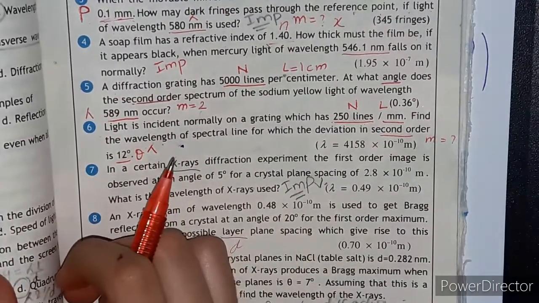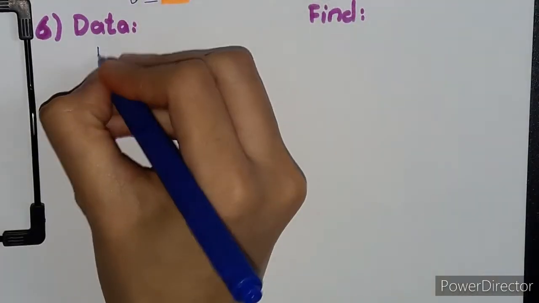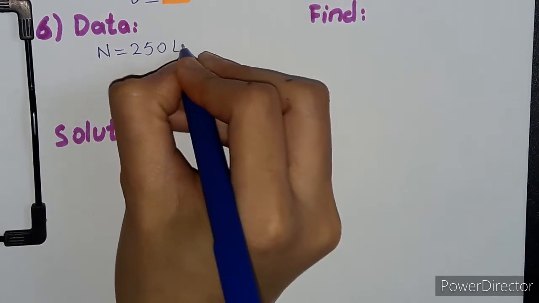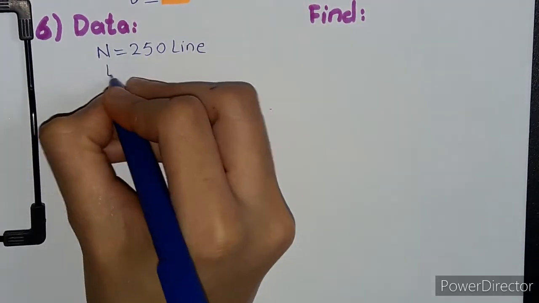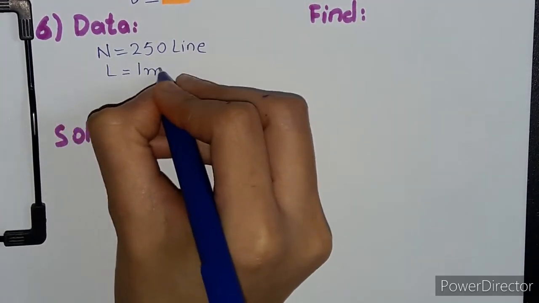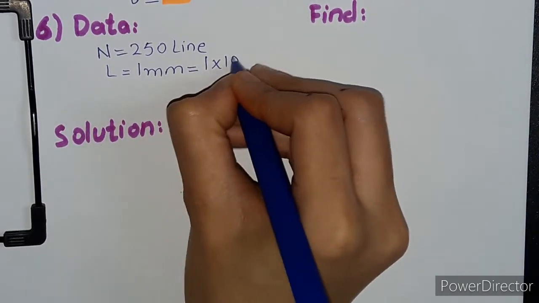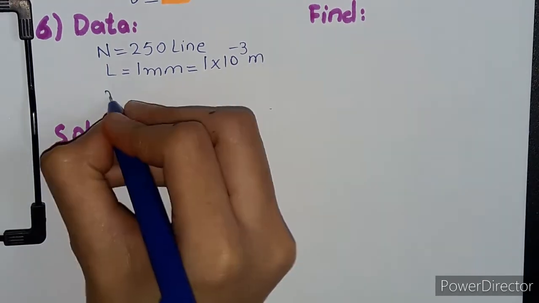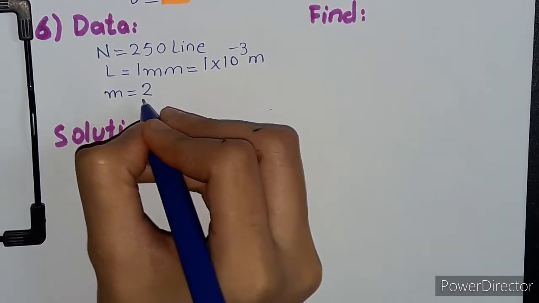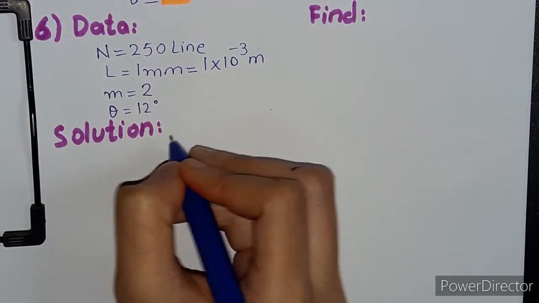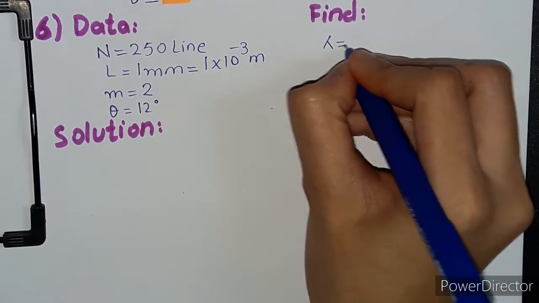Now moving towards the data and solution. The value of n is 250 lines and the value of L is 1 millimeter. Converting it into meter, 10 to the power minus 3 meter. m is second order. Value of theta is 12 degrees, and we have to find the value of lambda.